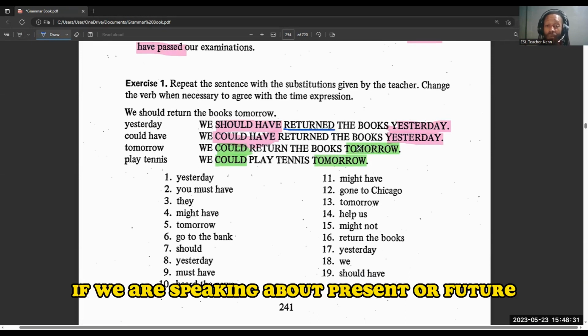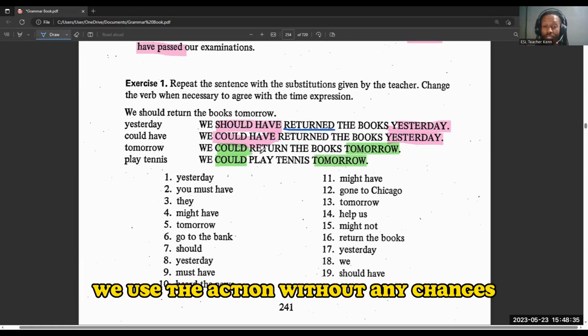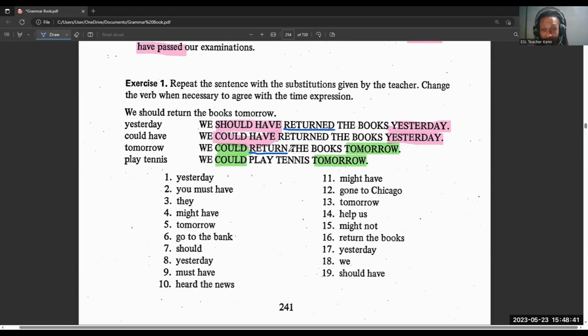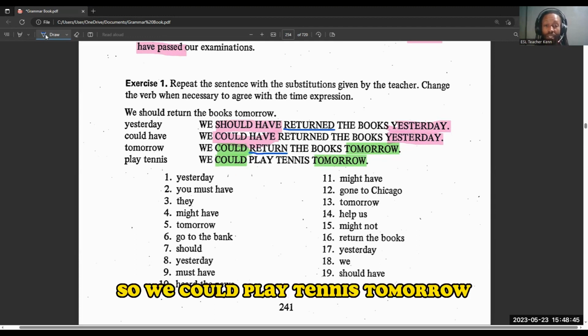If we are speaking about present or future, we use the action without any changes. Okay? So we could play tennis tomorrow.